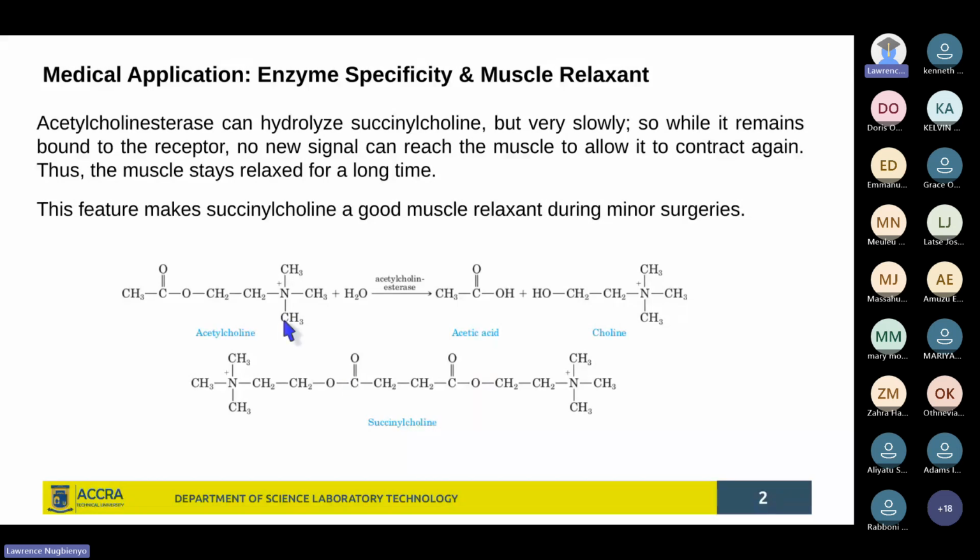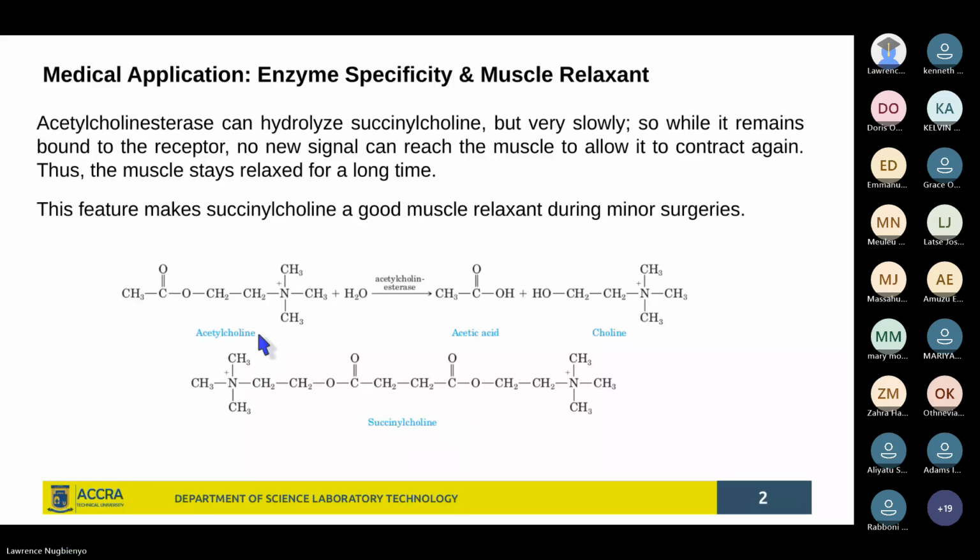So two molecules of acetylcholine bind together to give you the structure of succinylcholine. So that is like a dimer of acetylcholine.